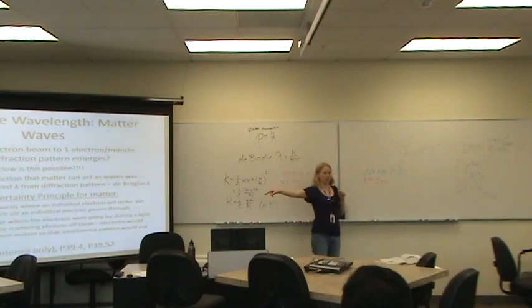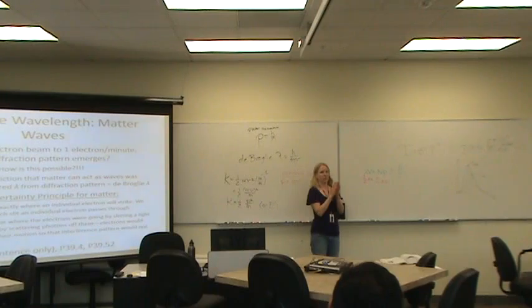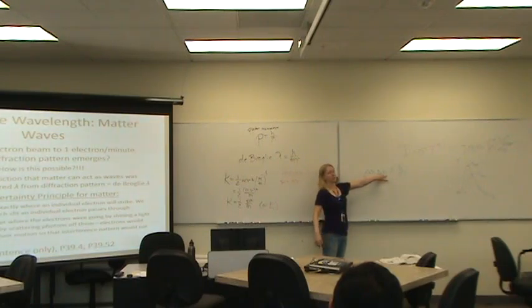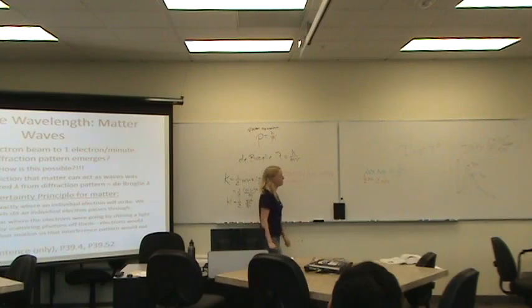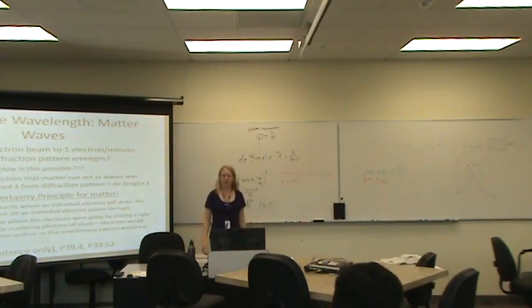Where it goes after it leaves the slit has a greater range of possibilities. By trying to find out where it was when it went through the slit, you're decreasing your knowledge about its resultant momentum. So the Heisenberg uncertainty principle works for matter as well as waves.